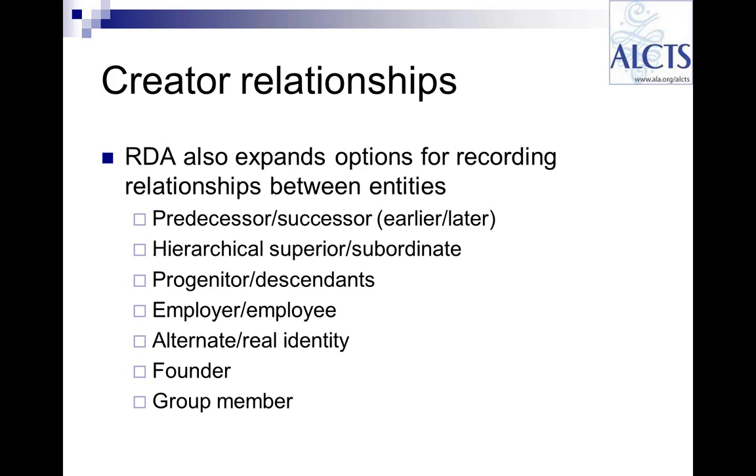Predecessor and successor bodies, of course, could have been recorded earlier, but more complex or other types of relationships can now be recorded. Hierarchical, superior-subordinate relationships, progenitor, and so on.